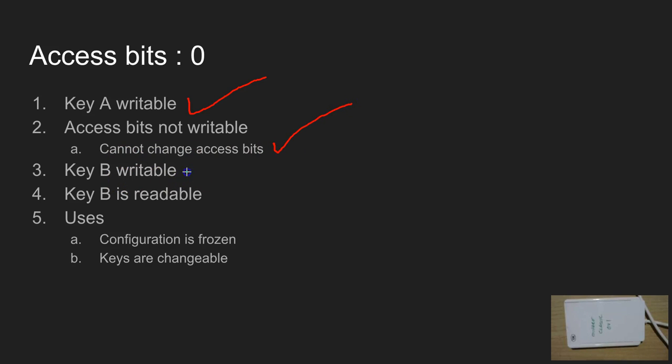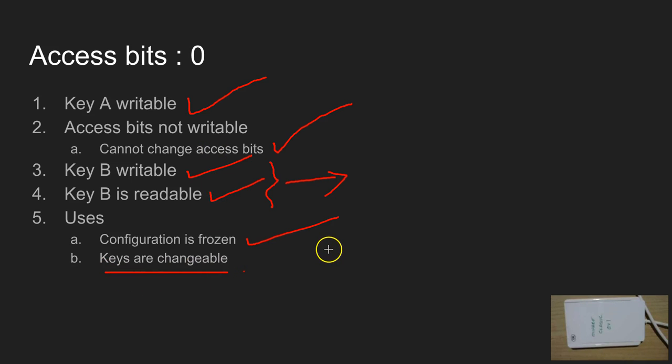Key B is still writable and still readable, which means we cannot use key B for authentication. The 6 bytes of key B can be used to store any user data. This configuration has some interesting features. The configuration is frozen because the access bits are not changeable. However, the keys are still changeable.